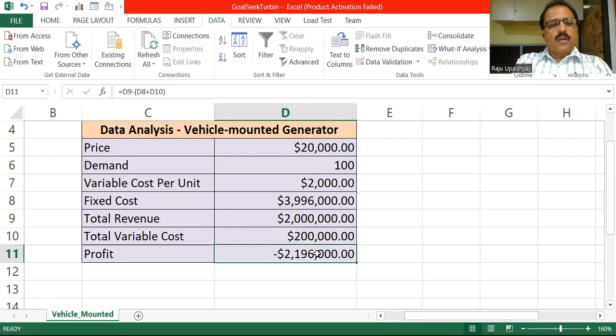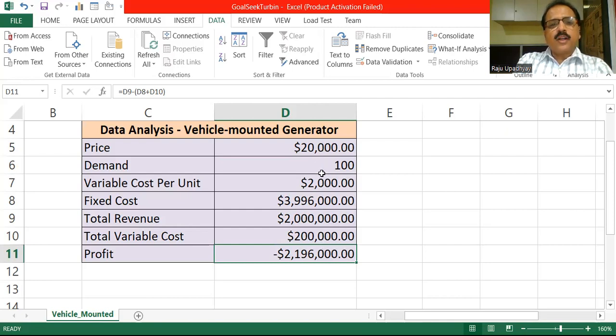In order to calculate this, we want to check the total revenue generated by changing the quantity of generators. At this moment we have 100. If 100 generators are sold, we have this kind of loss. If we sell 150 generators, we can have a different value.